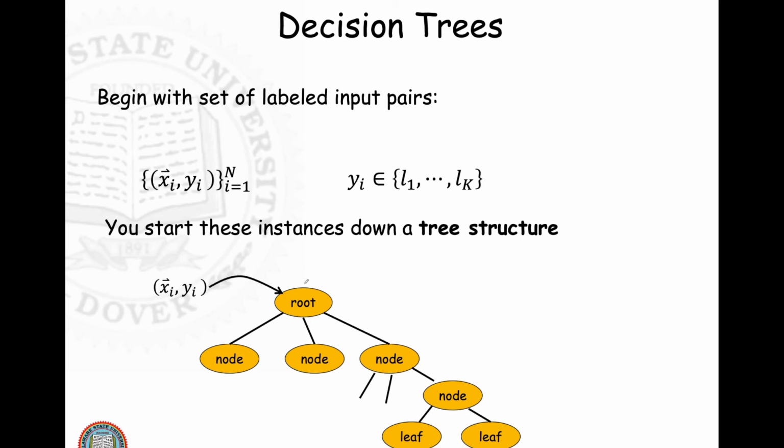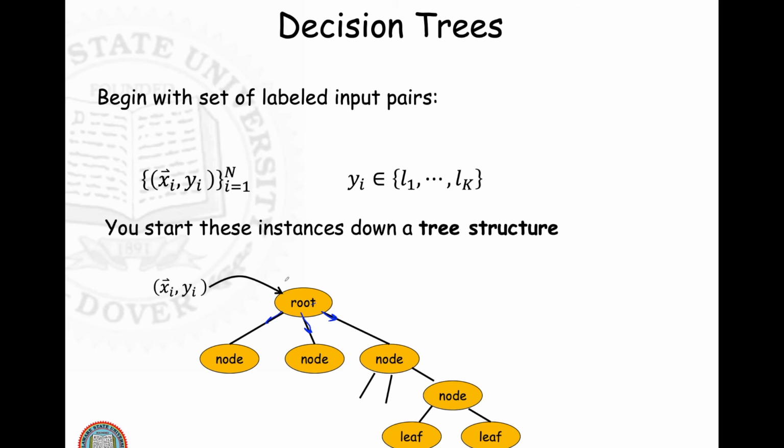And then eventually these nodes, each one tests some attribute within your feature set, for the feature vector, for your data. And then based on that test, you pursue a subtree rooted in one of the children of that node. So each one of these nodes in the tree is a type of test based on feature values.